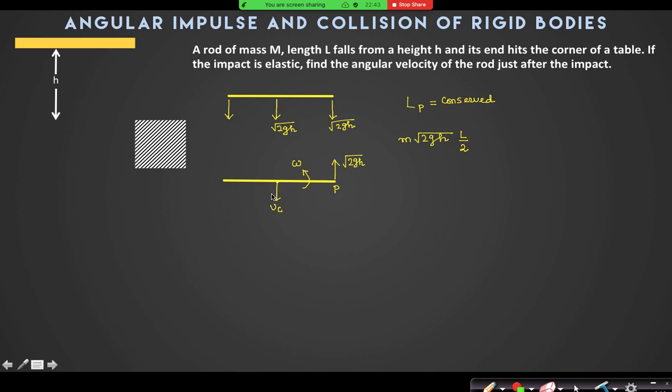I have only written that the velocity of this point will be root 2gh in the upward direction, because when you write the coefficient of restitution, do you think about the center of mass or the point of contact?